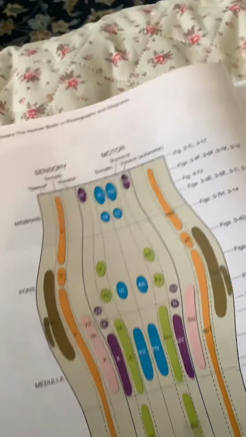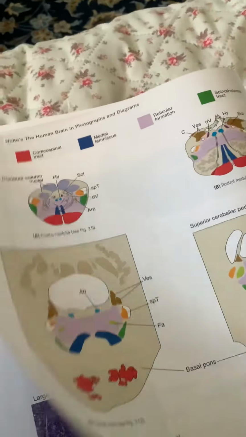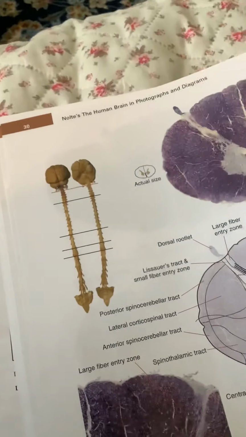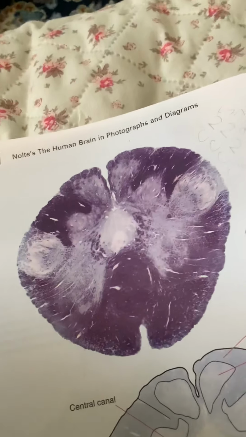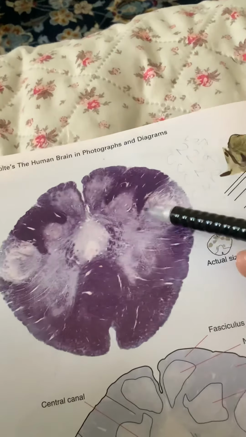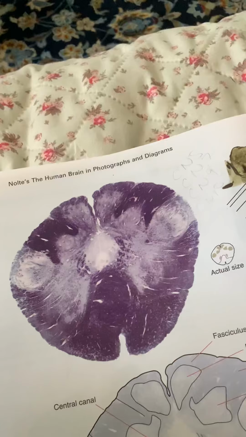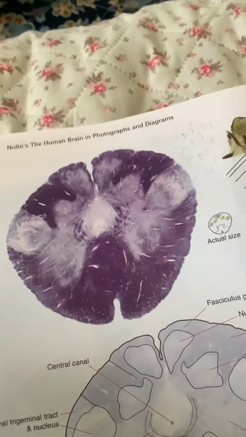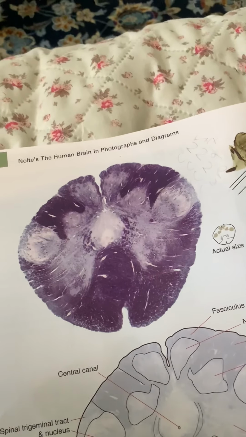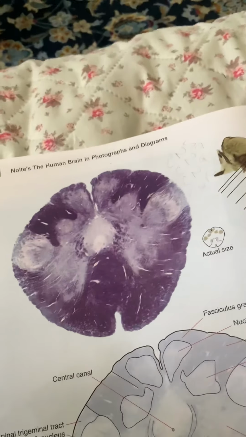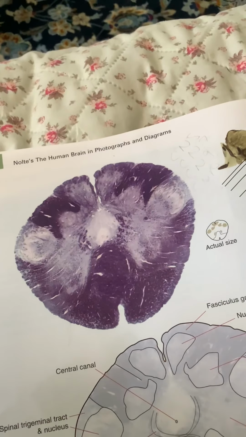But here in the caudal medulla, they look very similar to the dorsal horn of the spinal cord and the substantia gelatinosa. I really hope that's made things clearer.